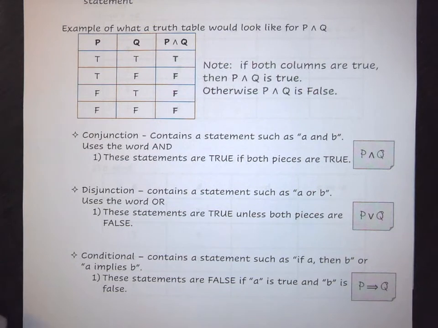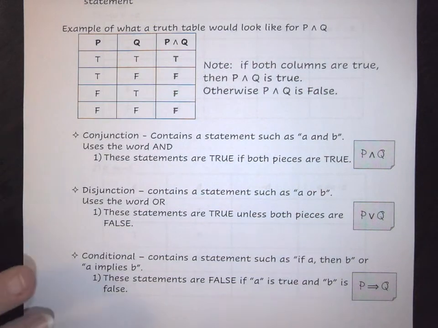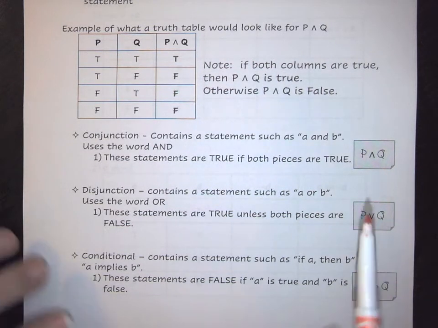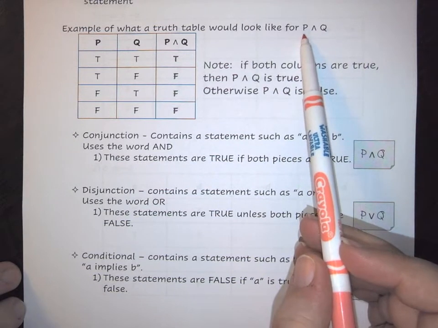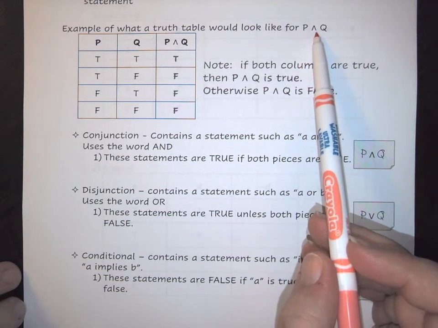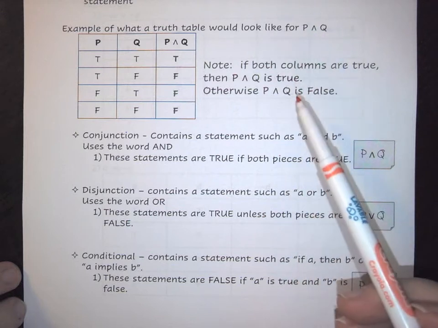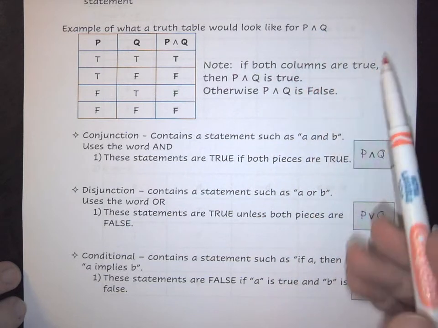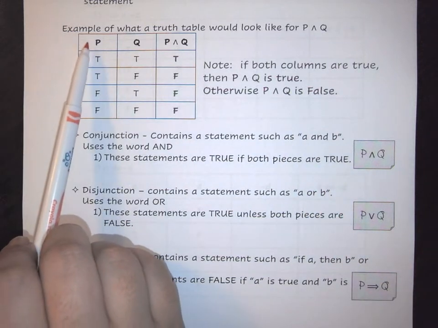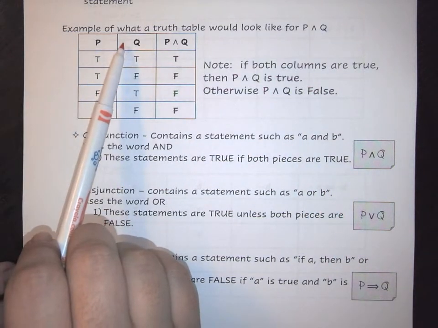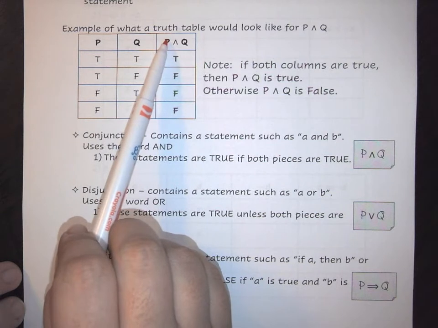Let's say that we want to make a truth table to see what it looks like for P and Q. Now the way that works is we set up a truth table for P, we set one up for Q, and then we set one up for the compound statement.